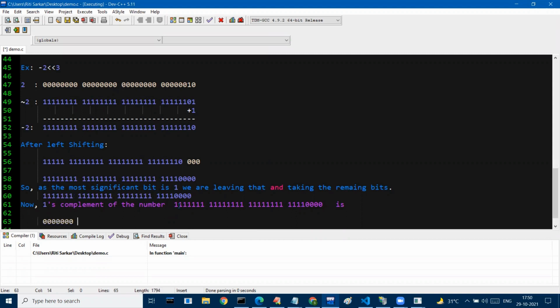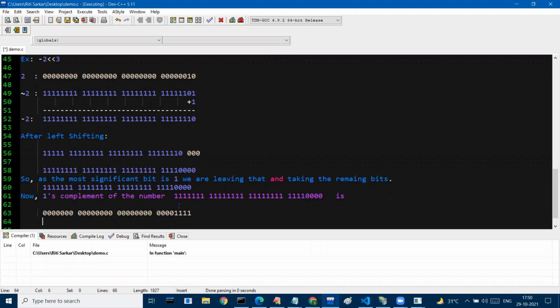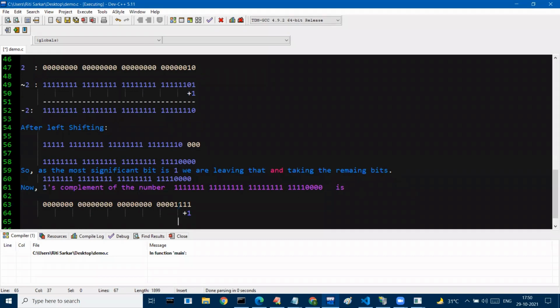So we get zeros all the way, then 0 0 0 0 1 1 1 1. This is the 1's complement. But actually we need to get the 2's complement, that means plus 1. Now what are you going to get after the addition?